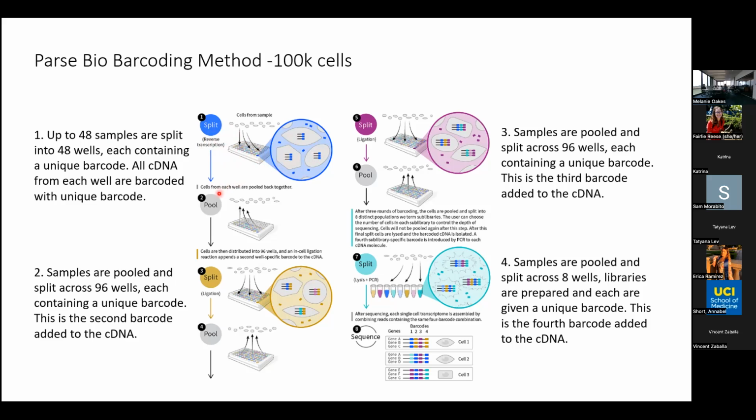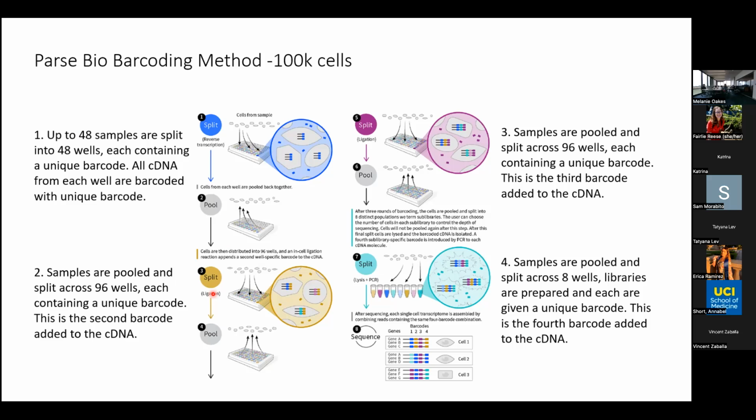Then we're going to take all of the cells from all of the wells, mix them all together, and replate them on the 96 well plate, and so splitting them again. And each of those wells has another barcode to add. And this addition is going to be done by ligation. So this is a ligation step.